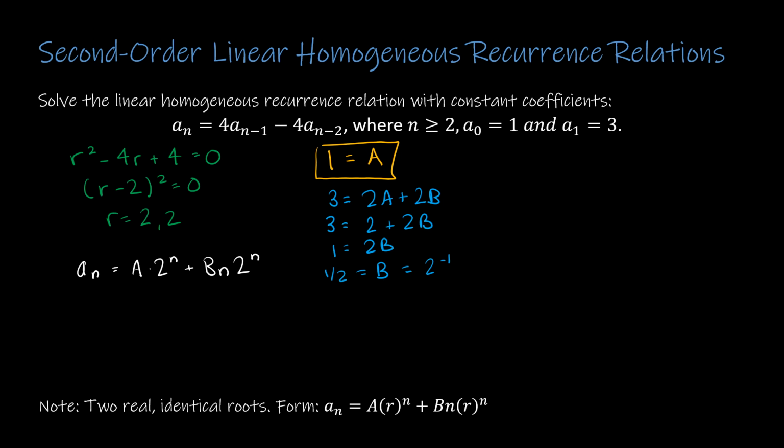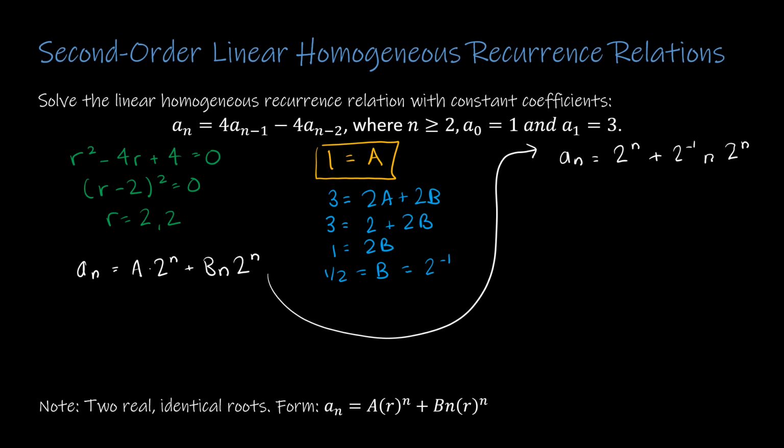So what am I going to do? I'm going to take this equation, and I'm going to write a sub n is equal to a, which is 1, so that's 2 to the n, plus b, which is 2 to the negative first, n, 2 to the n.